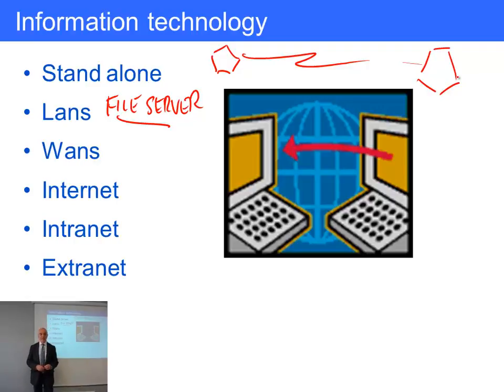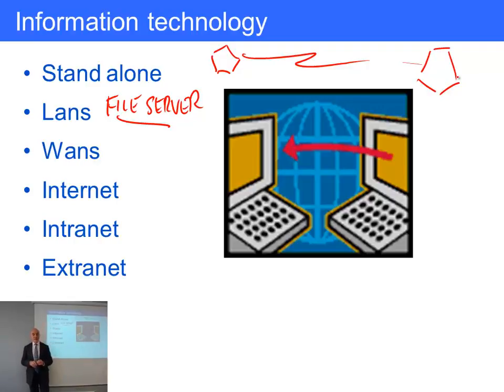And an extranet is not, as somebody said, a spare intranet in case the first one breaks down. An extranet is where your intranet, your computer system, has access to perhaps a supplier's computer system.